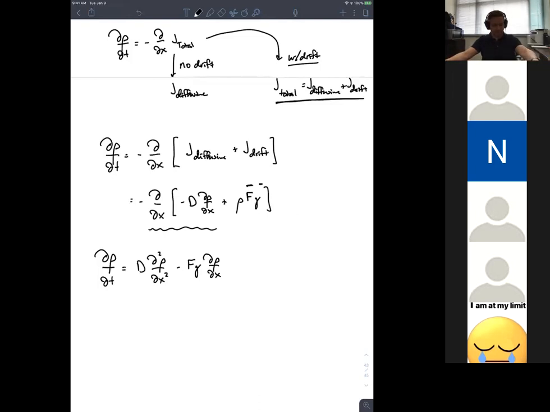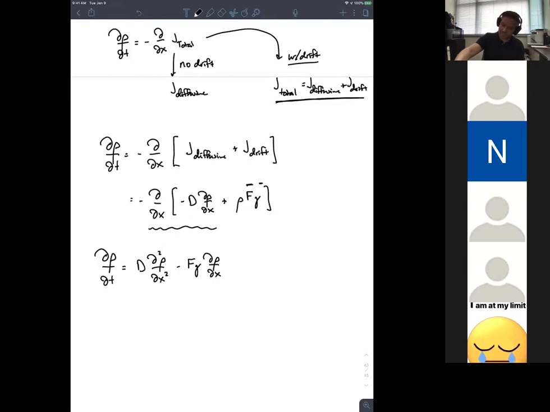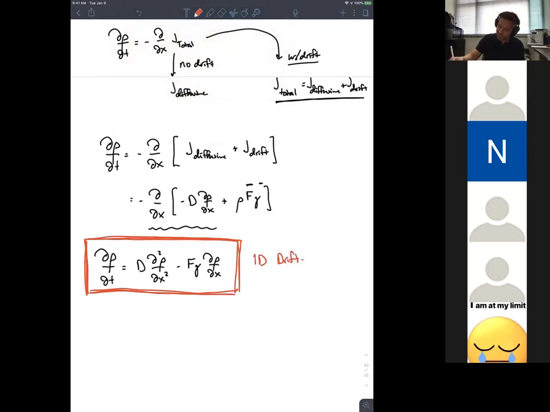And let me make sure that I wrote that down correctly. I did indeed. All right, so now this is what we are after. So this is the one-dimensional drift diffusion equation.